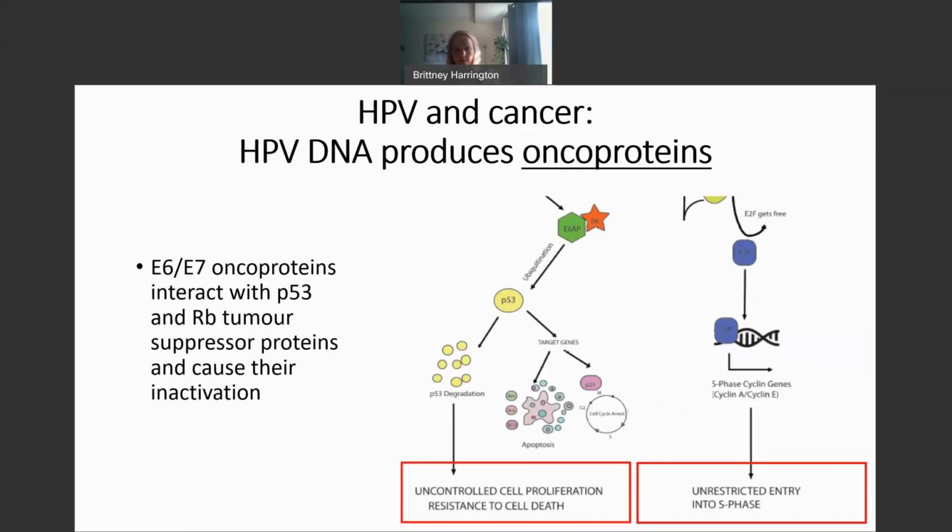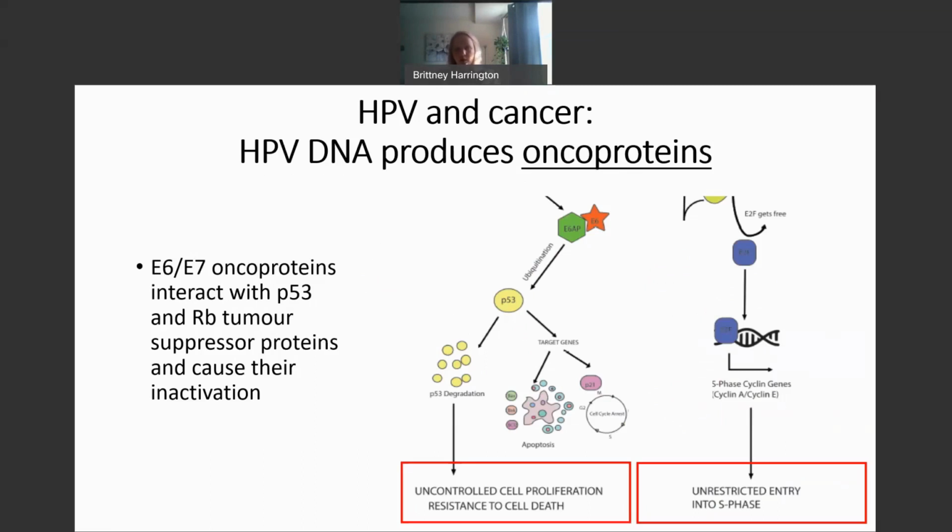And these oncoproteins, they're not just for promoting virus survival and so on, they actually interact with the host tumor suppressor proteins, particularly P53 and retinoblastoma, RB.